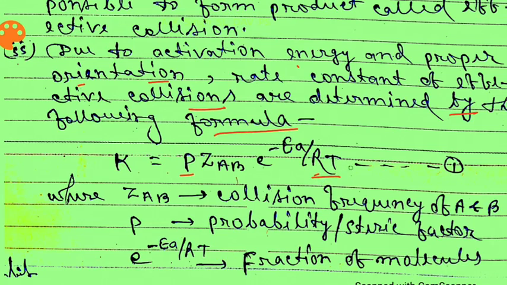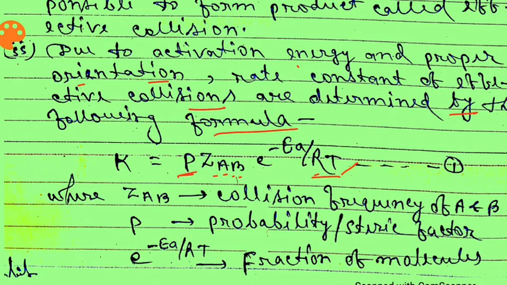T is absolute temperature, meaning temperature in degree Celsius plus 273. Z_AB is the collision frequency of reactants A and B. Suppose here the reactants are A and B, so Z_AB indicates the collision frequency of A and B. And what is P? P is the probability factor or steric factor.